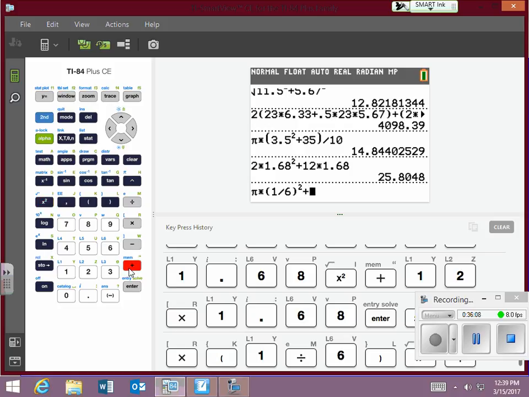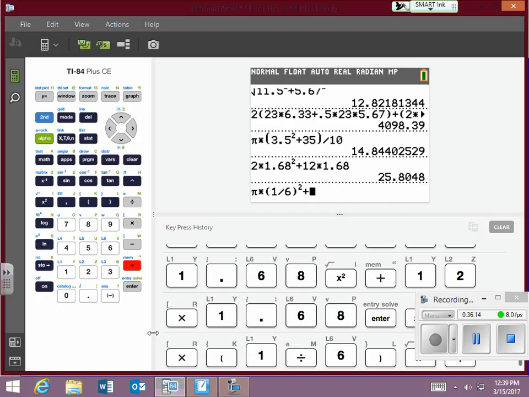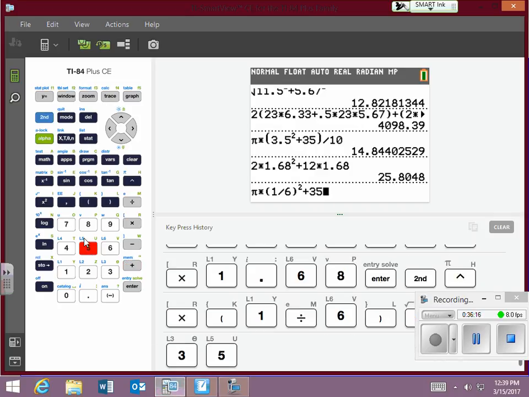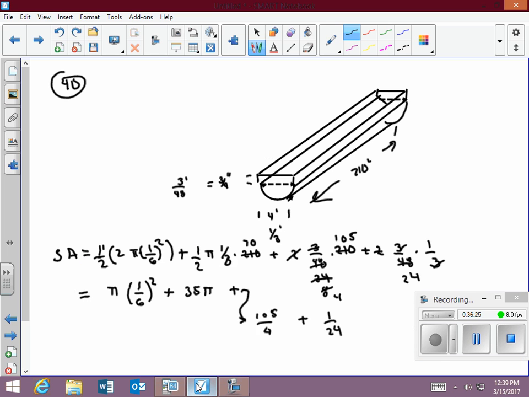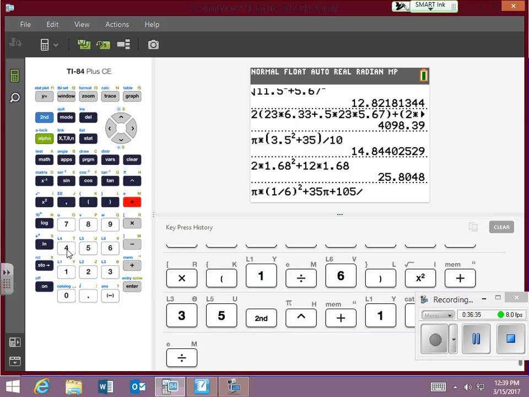Plus 35 pi, plus 105 over 4, 105 divided by 4.